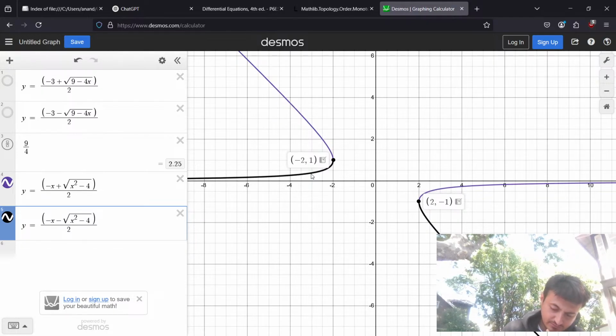So the slope... wait, oh, hold on. I just computed the wrong thing, that's why.